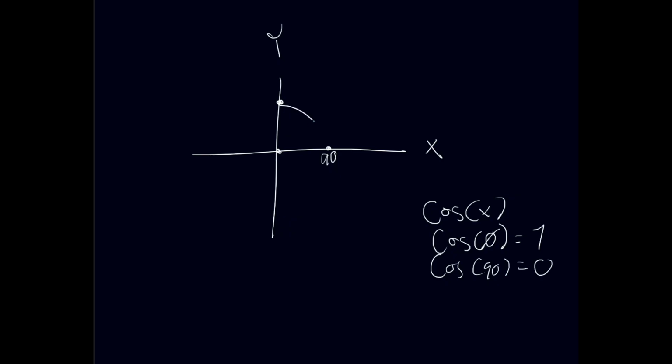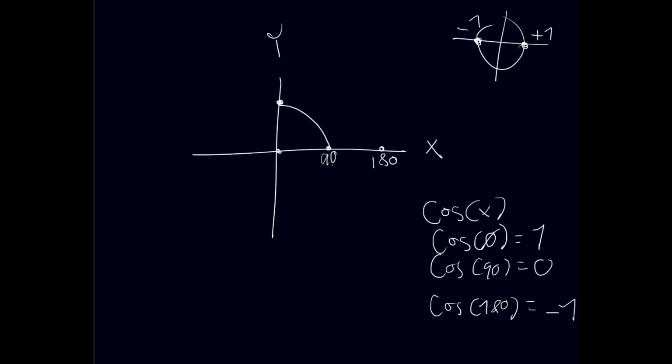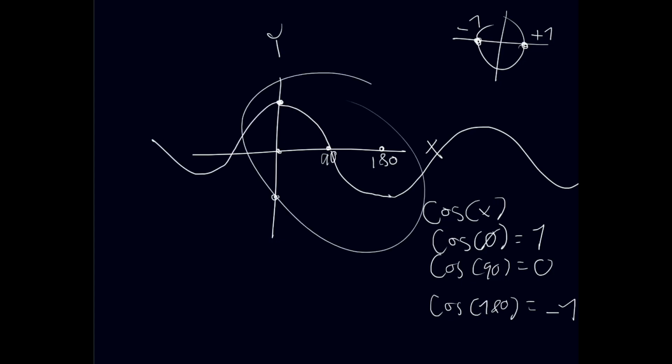So this has gone down here, and then we will move on to 180, where cosine of 180 is again 1, but it is -1. Remember, unit circle, we are now here. So remember, +1, -1. Now we are at -1. And then this keeps going up and down, and looping and also in the other direction. And that's why you have a wave function from cosine.